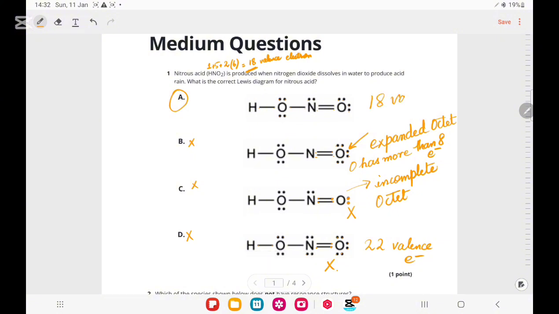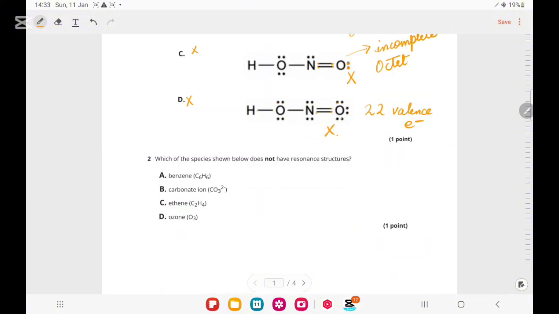So it has 18 valence electrons. And hydrogen has 2 electrons completed, oxygen has 8 valence electrons done, nitrogen is also having 8 electrons in its outermost shell, and oxygen is also having 8 electrons in its outermost shell. So it is the right option.